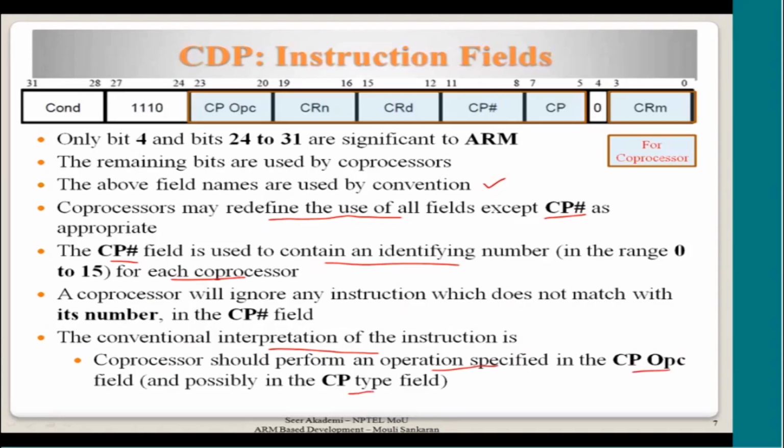The operation to be performed is conventionally represented in this bit position, and these are the operands, this and this, R and M, and this is the destination. This is the convention you are free to follow if you like it. Otherwise, as a coprocessor designer, you can decide to do it a different way. I hope this is clear to you. I took a little more time to explain.